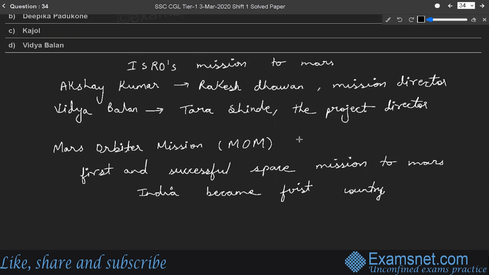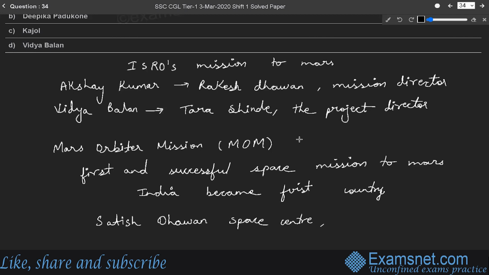Also, MOM was launched from Satish Dhawan Space Center. And its main objectives were to map and explore the surface of Mars, to study its atmosphere and the effects of solar winds on it. This was the basic objective of Mars orbiter's mission.